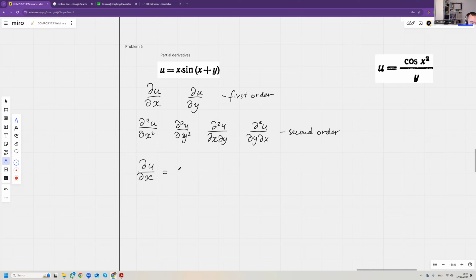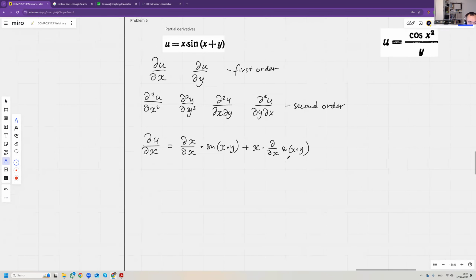So it's dx/dx multiplied by sine x plus y, plus x multiplied by dx of sine x plus y.